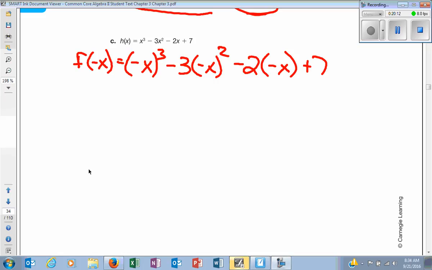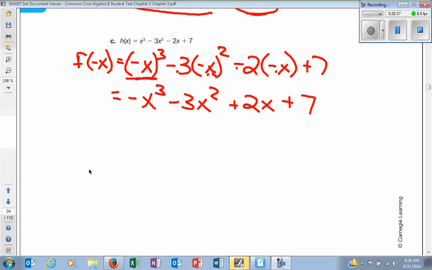And if I do that, what happens when I do this guy? Since it's to the odd power, it's going to be negative x to the third. So if this is to the even power, what's it actually going to kick back? But positive times a negative 3 would still remain a negative 3x squared. Does everybody see what I just talked about? And then a negative times a negative would actually make this a positive 2x. Plus 7 would not change.